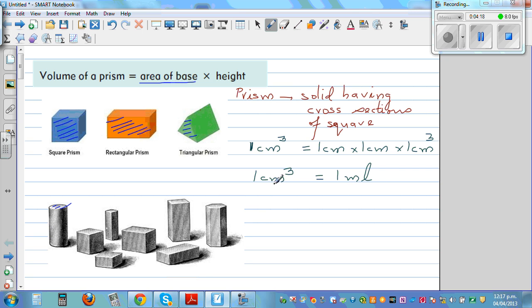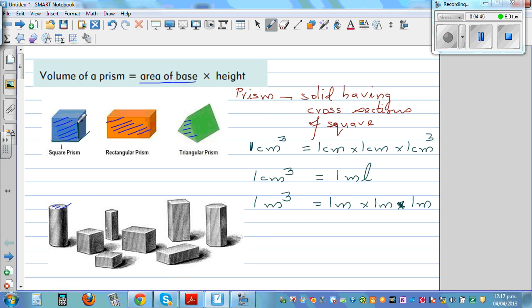1 milliliter is 1 centimeter cube, and 1 meter cube is 1 meter by 1 meter by 1 meter. Imagine a cubical tank with 1 meter length, say this is 1 meter, and this is also 1 meter.